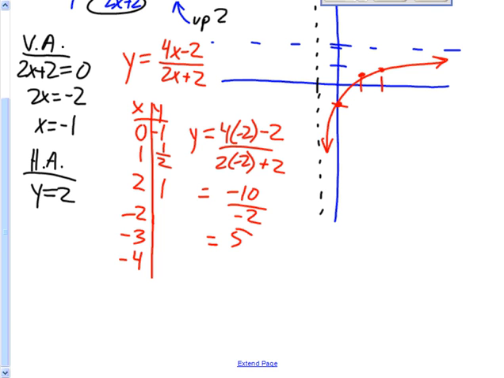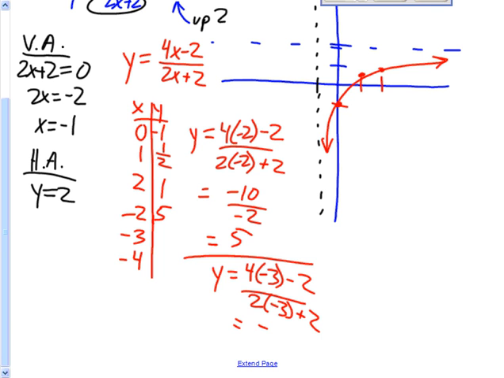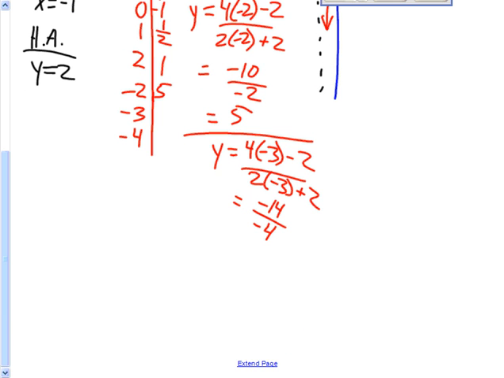So that ends up being 5. So negative 2 comma 5 is a point we'll put on there. Let's do the negative 3 now. So we got 4 times negative 3 minus 2 over 2 times negative 3 plus 2. So negative 14 over negative 4. So 7 halves or 3.5.